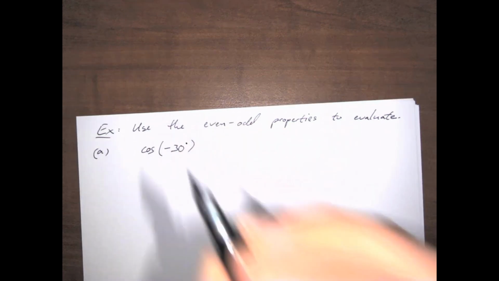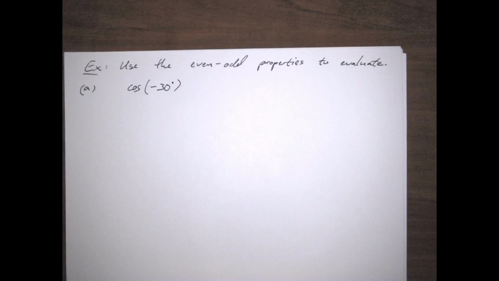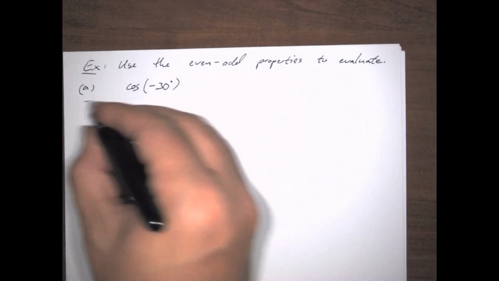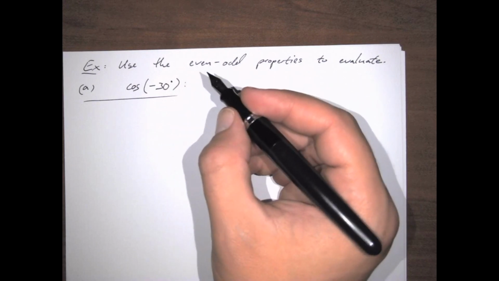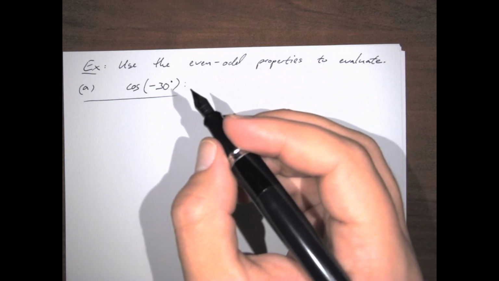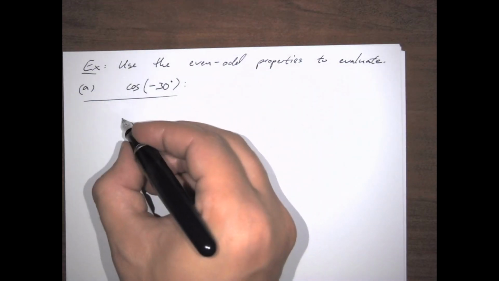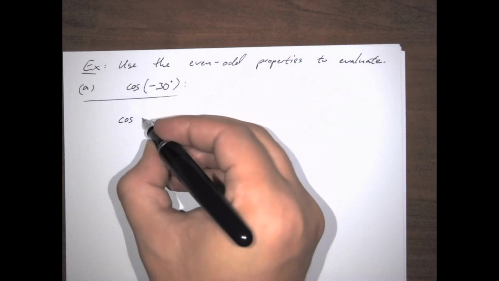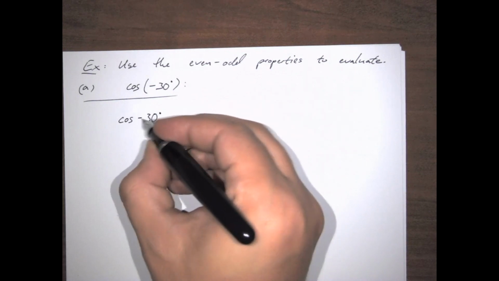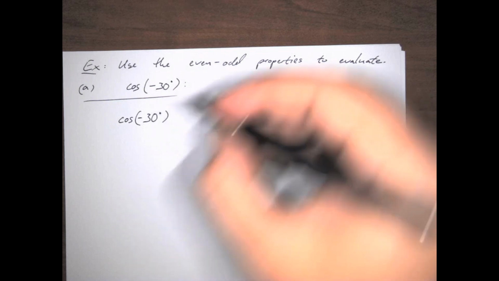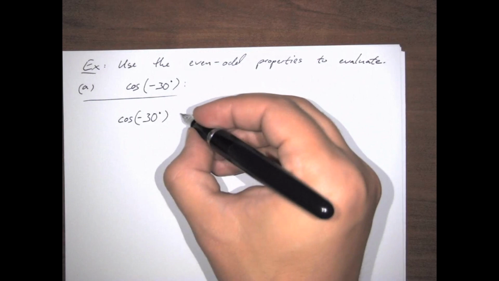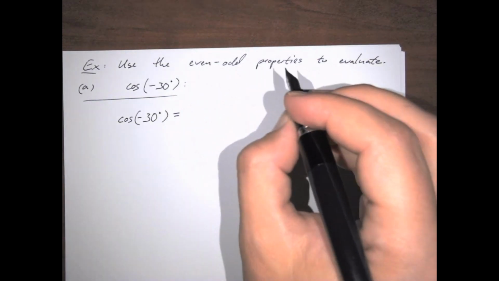Now, at first, you might be thinking to yourself, I don't know anything about cosine of negative 30 degrees. If this had been cosine of 30 degrees, that would be fine. That's one that we've been looking at a lot. So what you can do here is you can use whether it is even or odd to either cancel the negative, like make it disappear, or pull the negative out to the front.